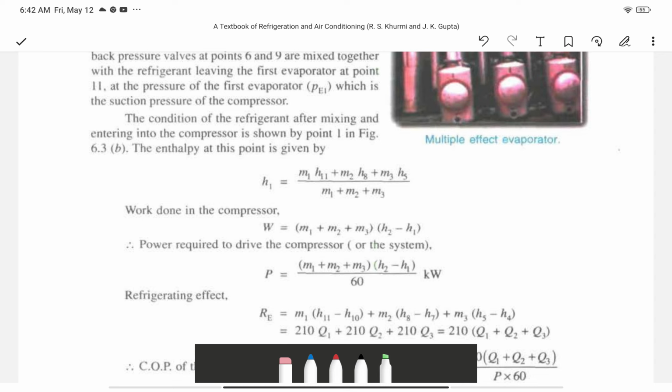In this way, your H1 is expressed in terms of this formula here. So it is now an energy balance. The condition of the refrigerant after mixing and entering into the compressor is shown in point 1 in figure 6.3b. The enthalpy at this point is this.